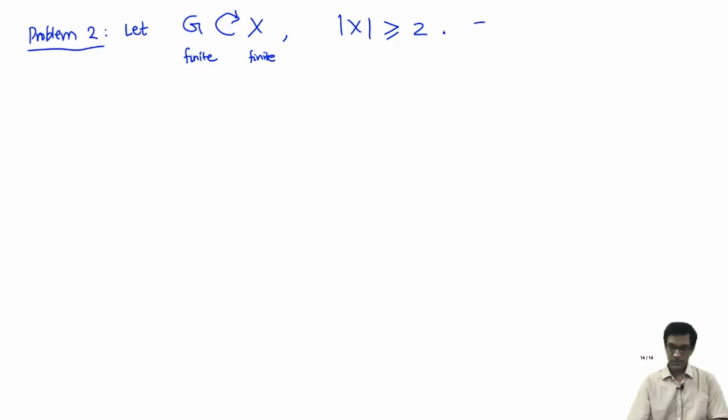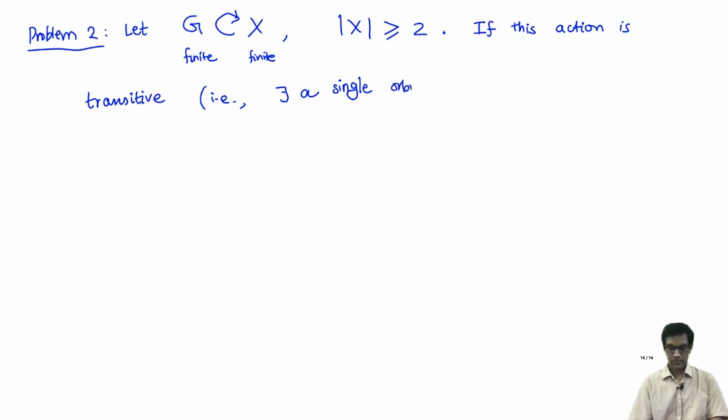Now if this action is transitive, what does transitive mean? That is, there exists a single orbit for this action. Every element of X is in the same orbit, in the sense that you can get one from the other by acting by some group element.